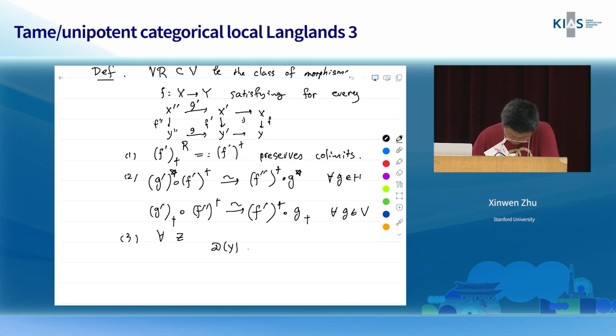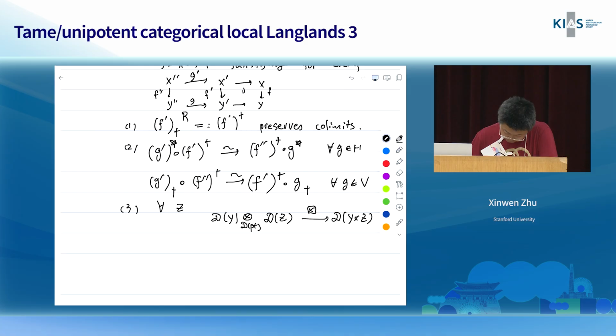So first of all, we have this exterior tensor product. Have this Y to Z. Then we have this D of X to Z, F times identity for dagger.